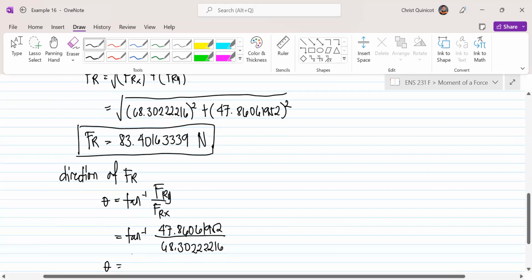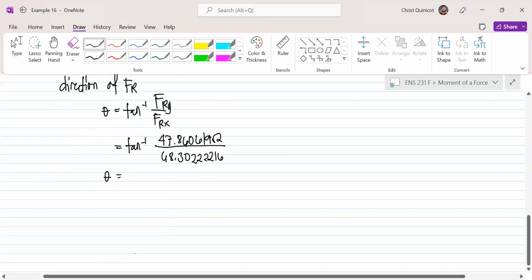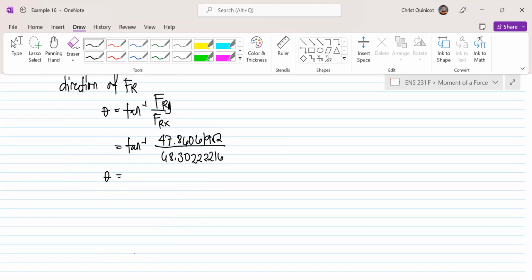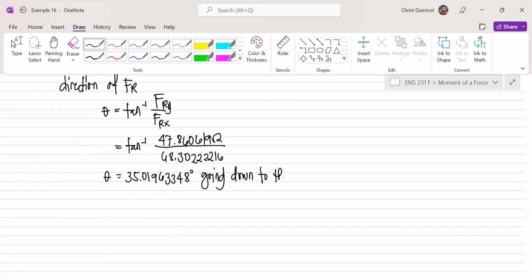So theta is around 35.01963348 degrees, going down to the right.